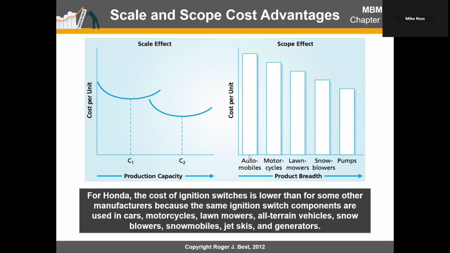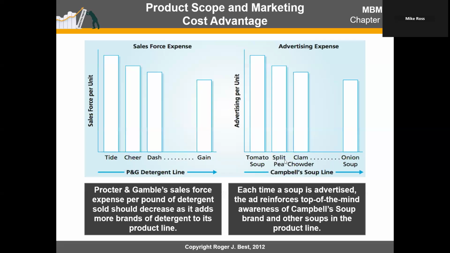You're able to tailor your offerings more specifically to each of these market segments: cars, motorcycles, lawnmowers, snow blowers, and pumps, maybe for decorative ponds in someone's backyard, water features, fountains, and so on.